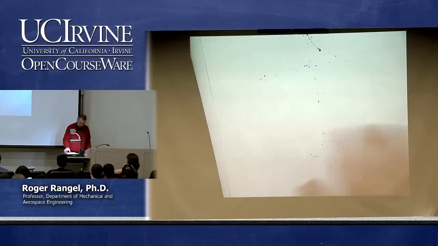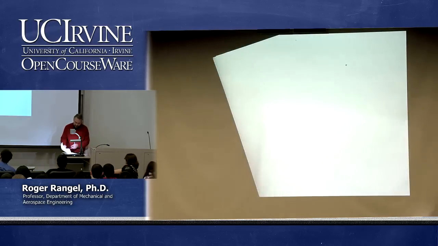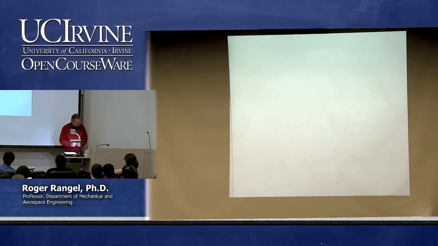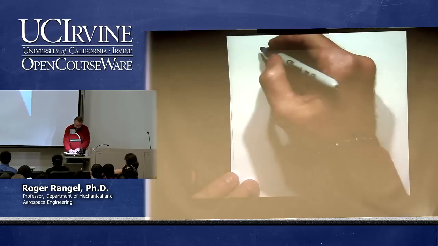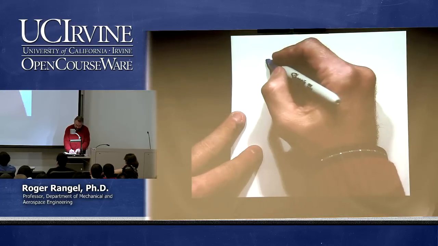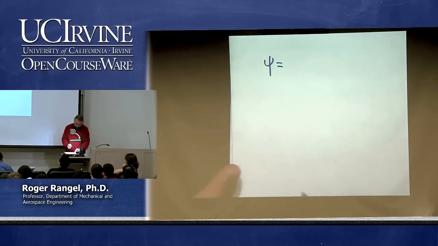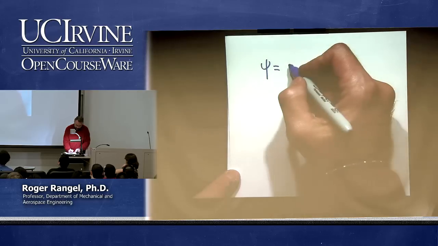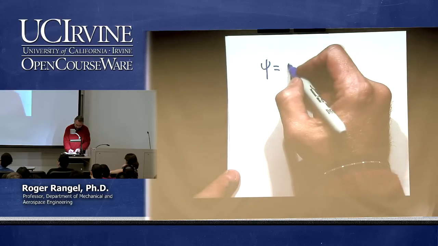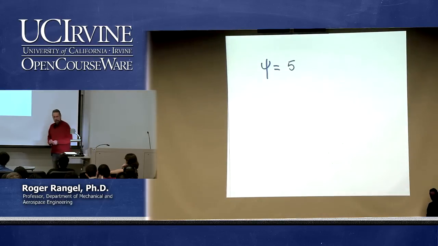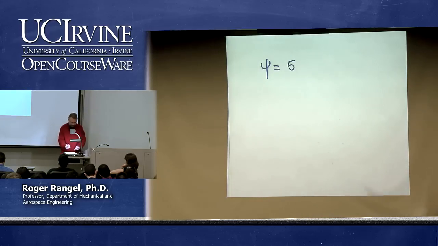We can do either one. So suppose that I have a stream function that is some number, say 5, times y.